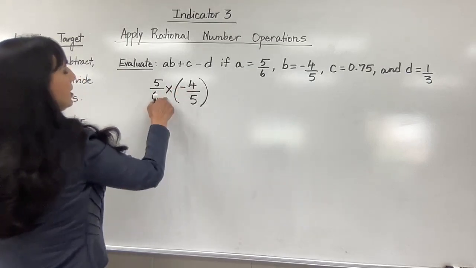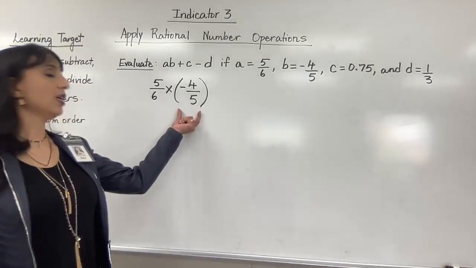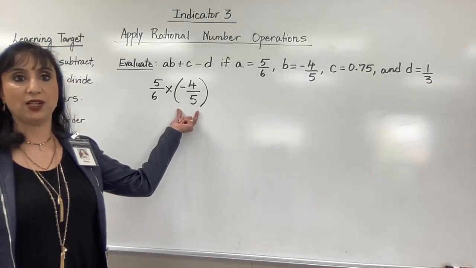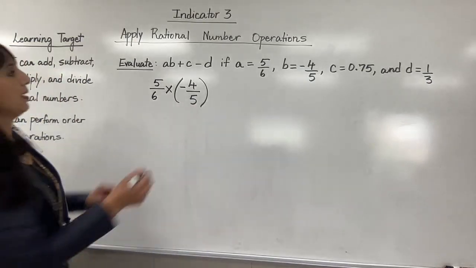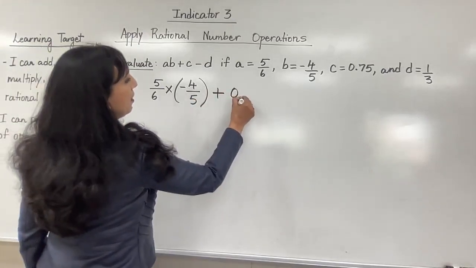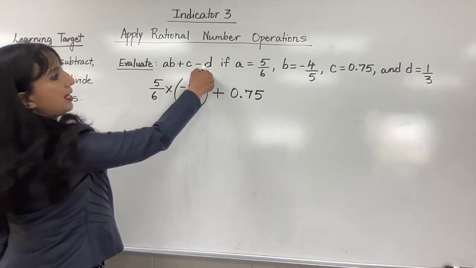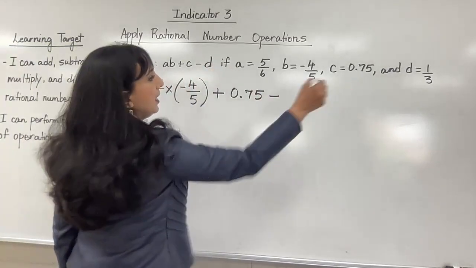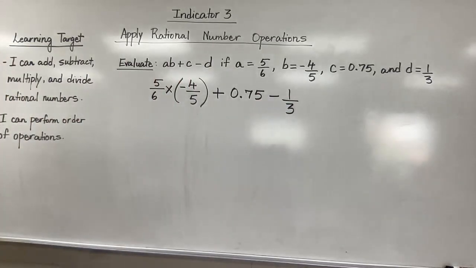Even if I didn't write the times, if I had just put the parentheses over here, that would actually mean multiplication, right? And so this is ab, and then plus c, and c is 75.00. And minus d, d is 1/3. So first I am going to substitute the values in there.